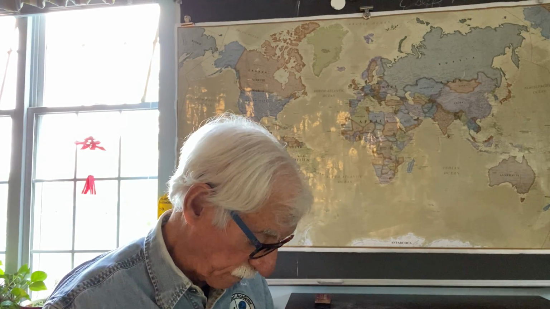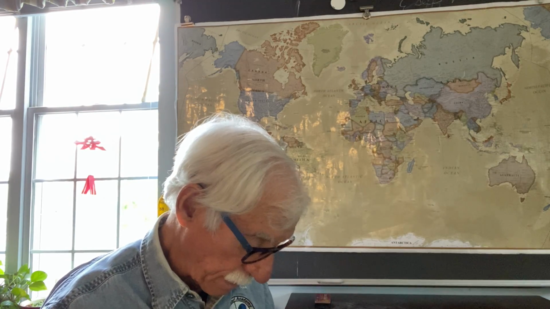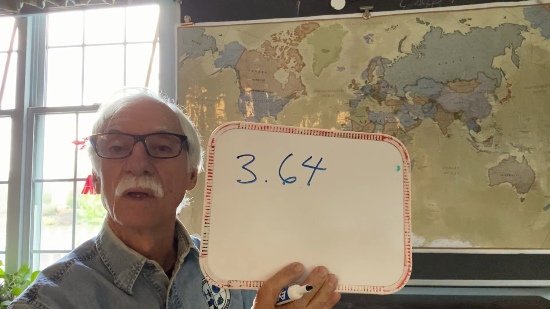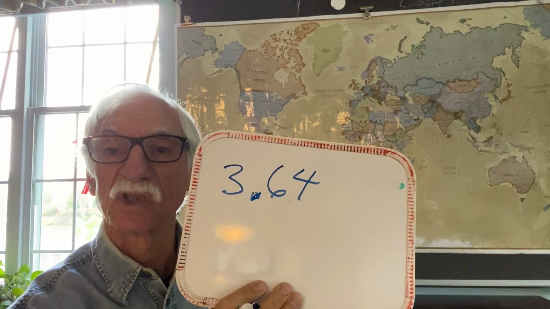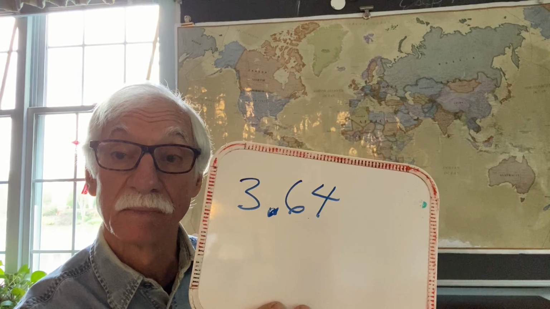And so just for example, let's look at this number. Hold on, my green pencil has run out of ink. I need a new one. So, 3 and 64 hundredths.